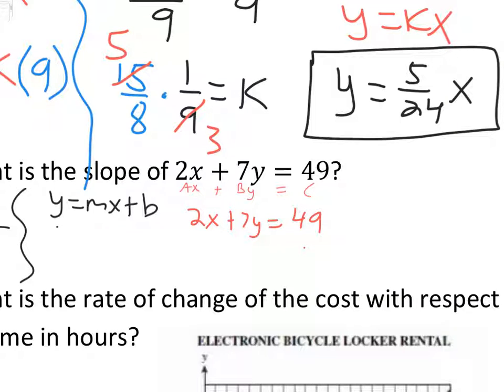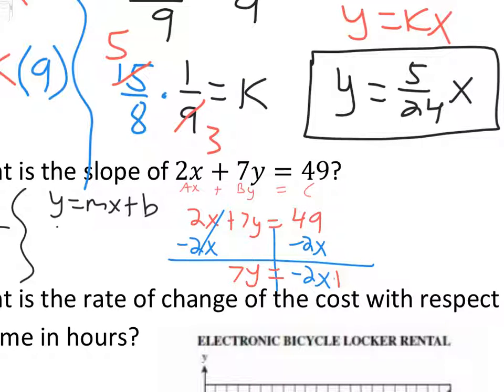There's only 2 steps to move this into y equals mx plus b. The first one is to subtract 2x on both sides of your equation. And that'll give you 7y is equal to negative 2x plus 49.